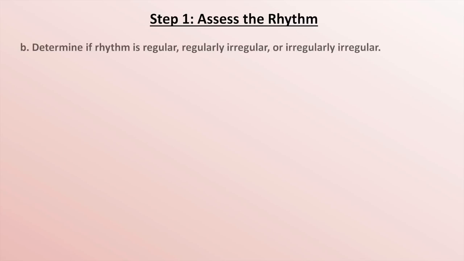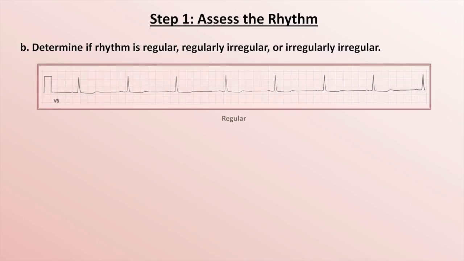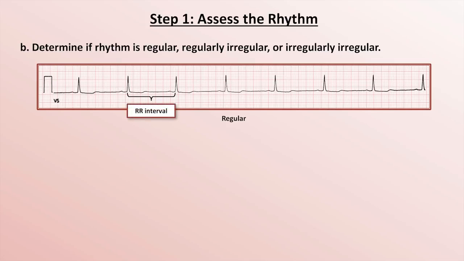Next, determine if the rhythm is regular, regularly irregular, or irregularly irregular. If you're not familiar with those terms, those latter 2 may sound a bit strange, so here are some examples. First, you can already probably recognize a regular rhythm as such. Formally, a regular rhythm is one in which the RR interval is consistent from one beat to the next.